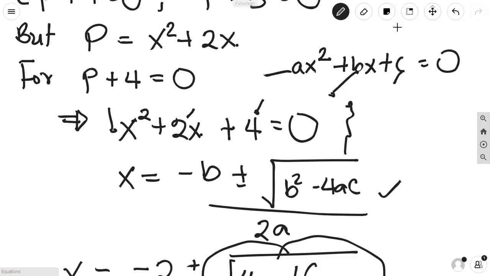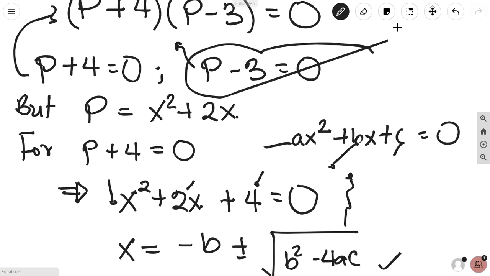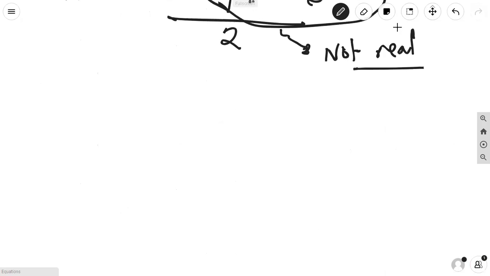Okay, we try the other one, which is the case in which we obtain p − 3 to be equal to 0. Let's try that.